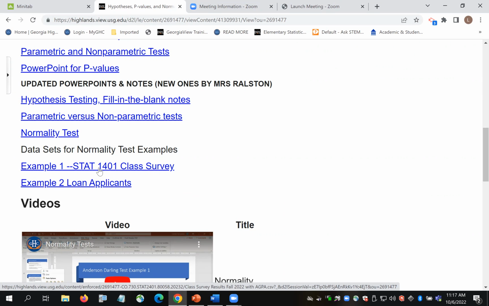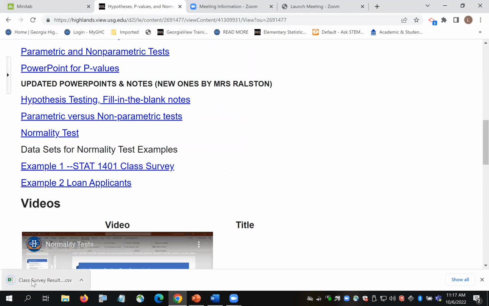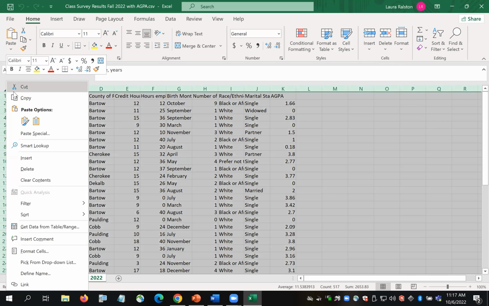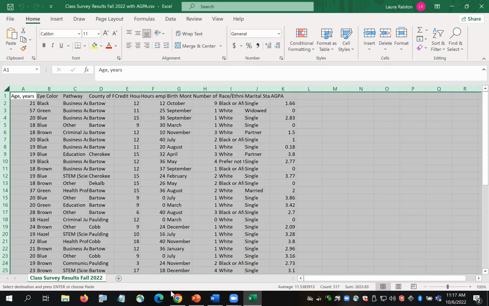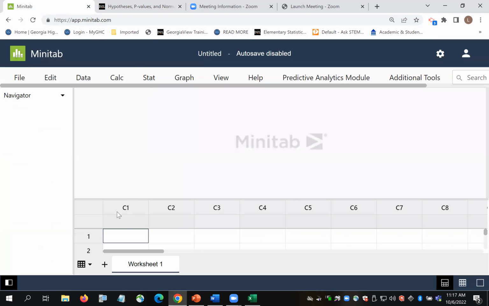It is in an Excel spreadsheet, so I'm going to click on it and save it. Because it's in spreadsheet form, we have to copy and paste it into Minitab. And I think you guys have been doing that before. You should know how to copy and paste to Minitab.